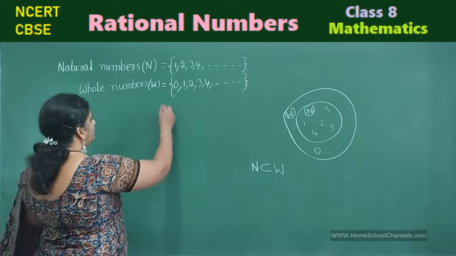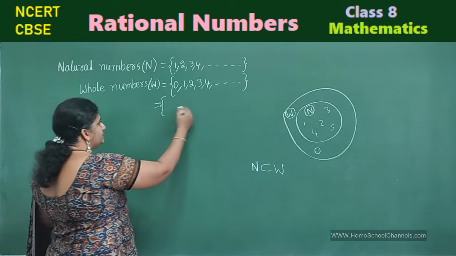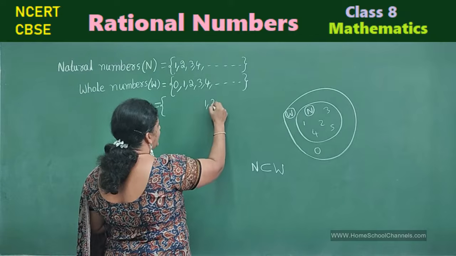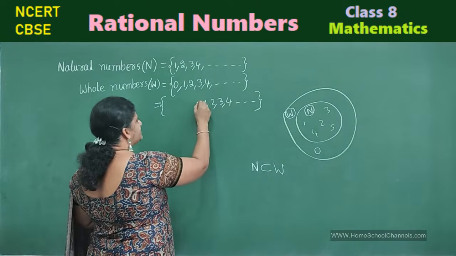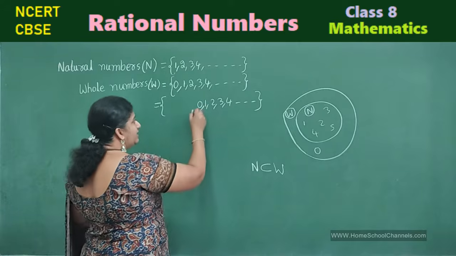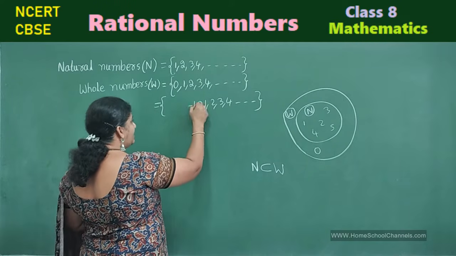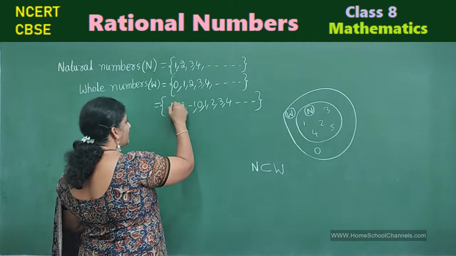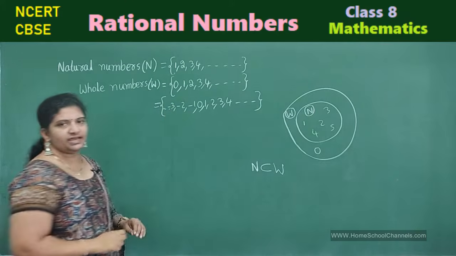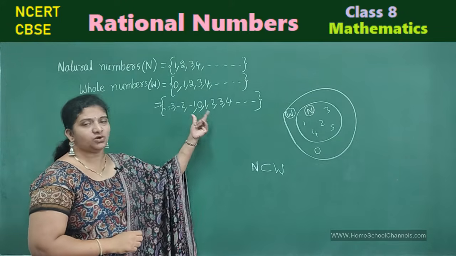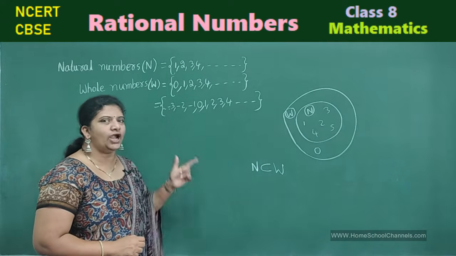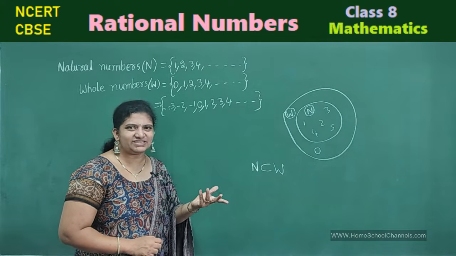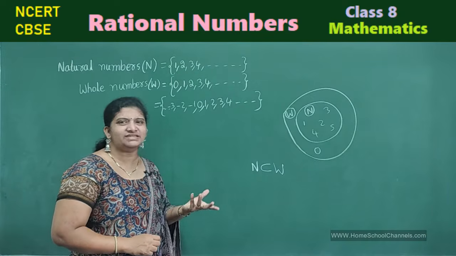Next type of numbers: natural numbers along with 0, whole numbers, and extra -1, -2, -3, and so on. Natural numbers, whole numbers and negative numbers combined are called, what is this? You are all well known about these numbers.